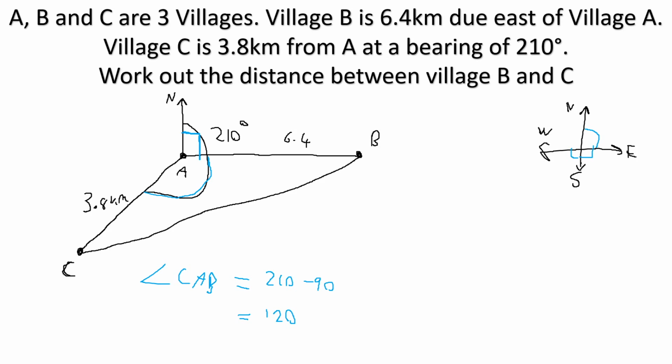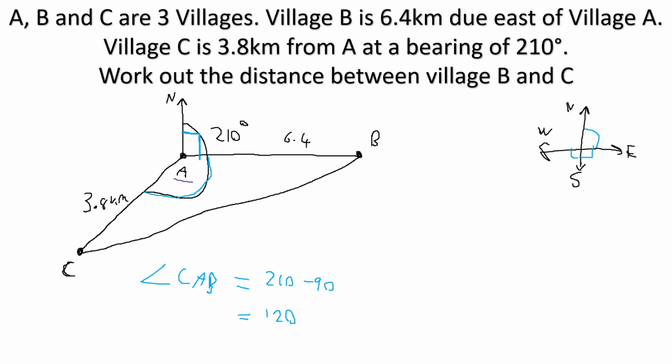So, now we need to do the cosine rule. Actually, I'm going to label them A, B, and C so that you can understand.